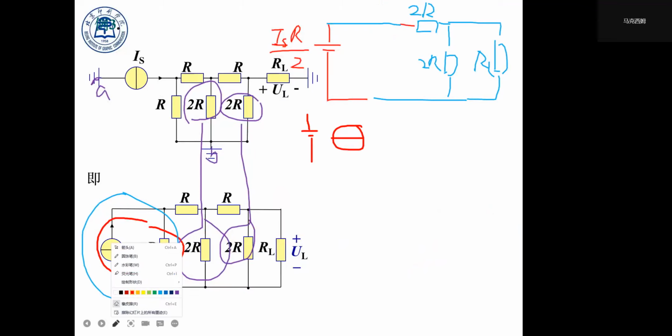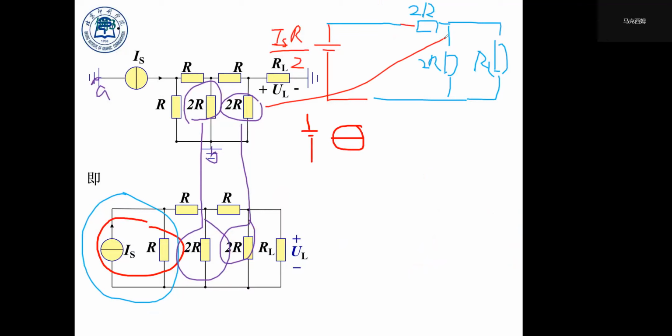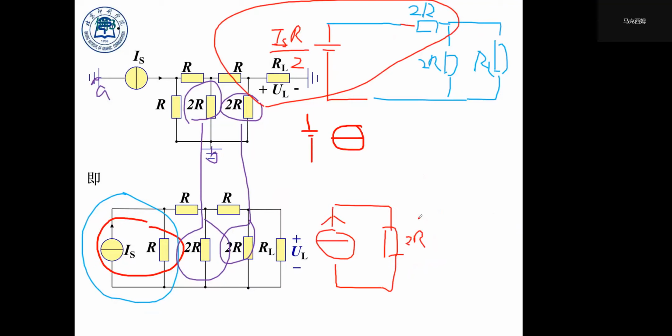You see, we transform into a current source with S, and it copies the part.